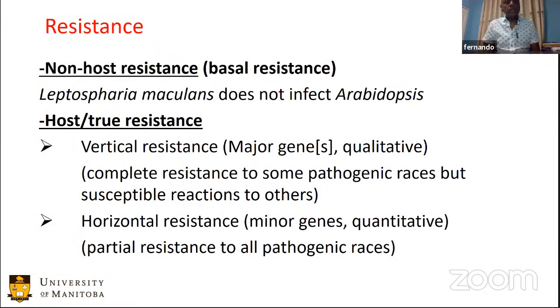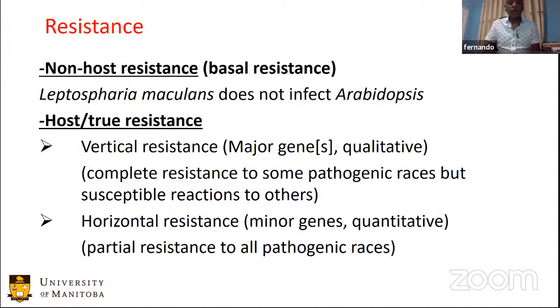Now, getting into the research, we are going to be looking particularly at vertical resistance in my presentation, but I wanted to highlight that there's also horizontal resistance that we should always think about. It is difficult to identify and put into a resistance background in a host, and because of that, it has been neglected.